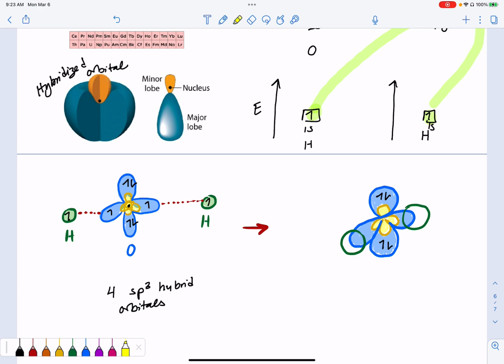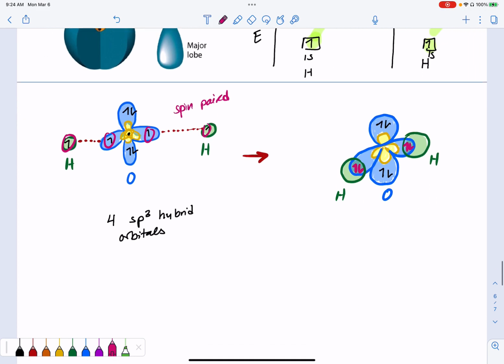Okay. So here is oxygen. Here's my hydrogen. It is these electrons that are going to be spin paired according to valence bond theory in the overlap.